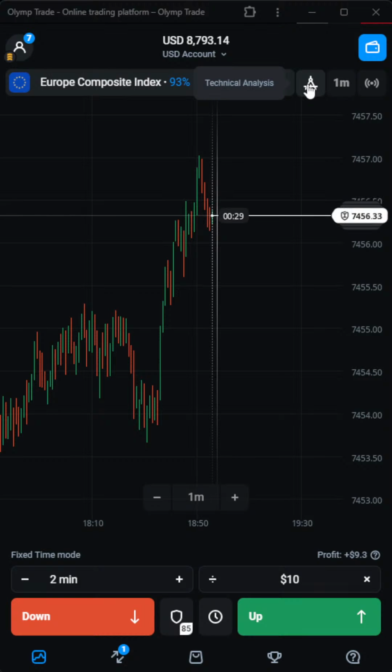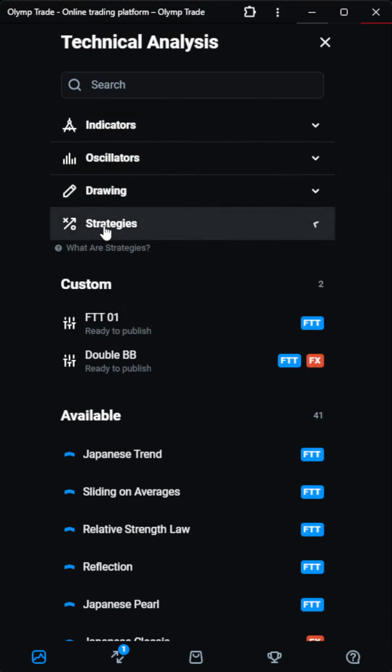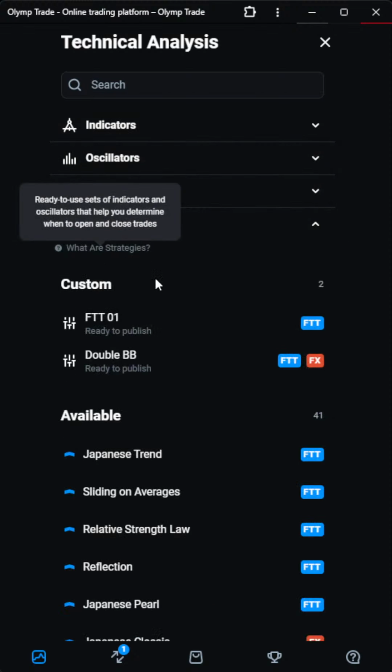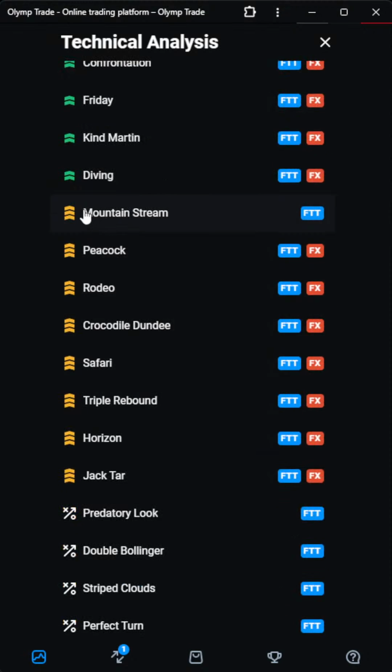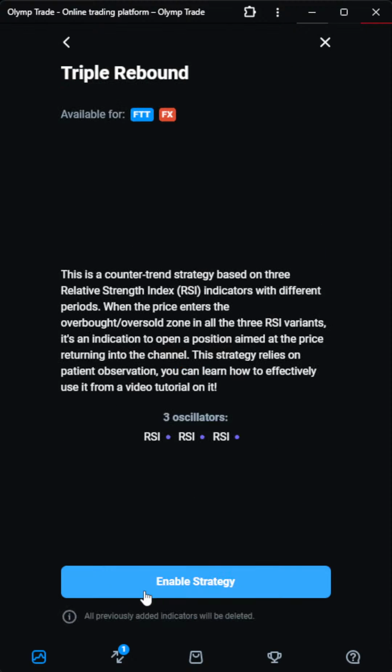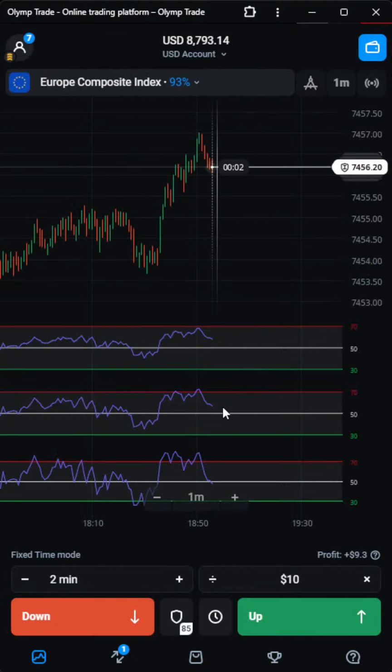As soon as you click on it, go to the strategy section, scroll down into the experts tab, or with the three arrows you can see this triple rebound strategy. In case you do not have access to this trading strategy, it's completely fine. You click on triple rebound, enable strategy, and the strategy will be applied automatically.